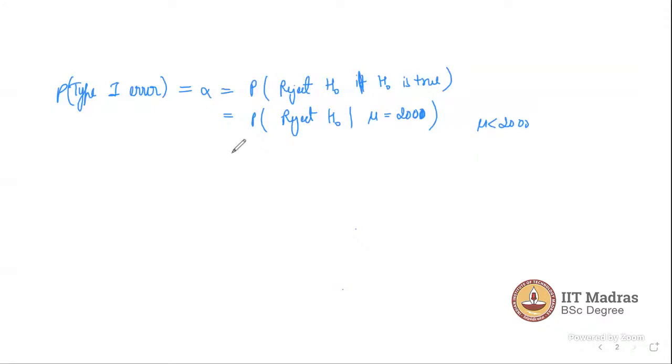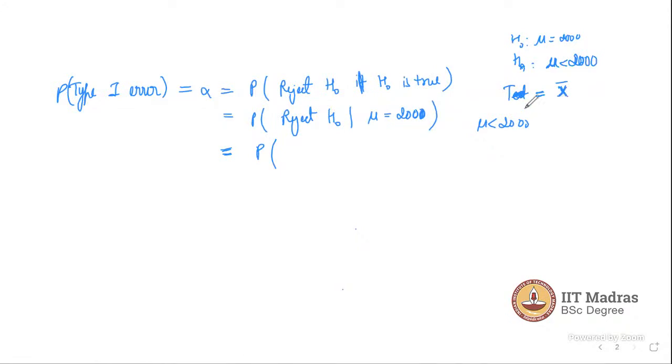Now, how to decide to reject H naught? H naught was mu equals 2000 and HA was mu less than 2000. Okay, ma'am. So the test statistic, given by T, I can just take as X bar, because we had tests for the mean.